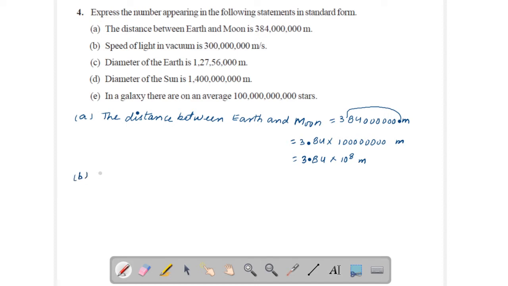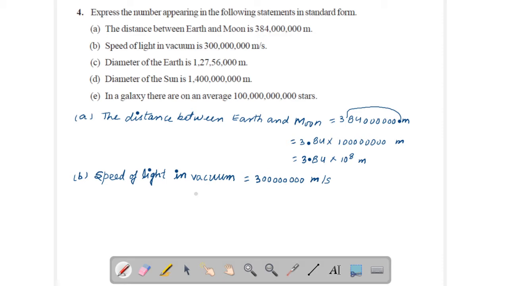Speed of light in vacuum equal to 300,000,000 meter per second.